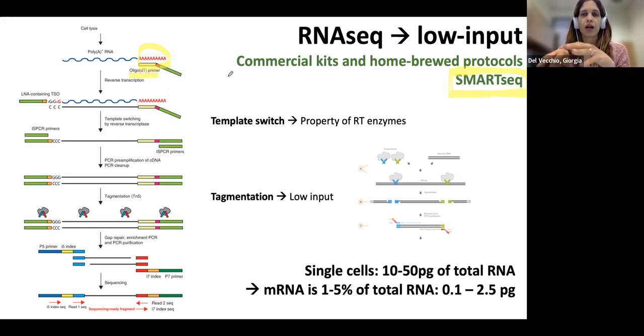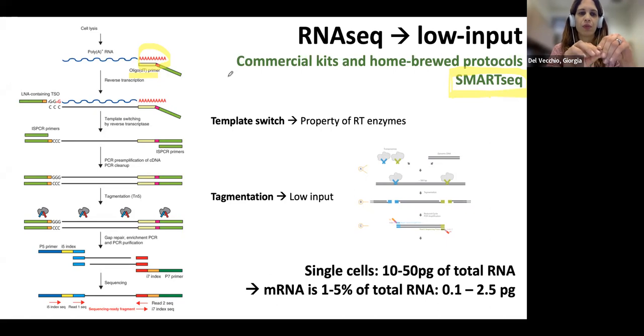Since we are already working with a low amount of RNA, we don't want to lose any of our RNA. And the beads are a really lossy procedure. So every time you work with beads, you are not capturing 100% of your starting material. You're going to lose something.